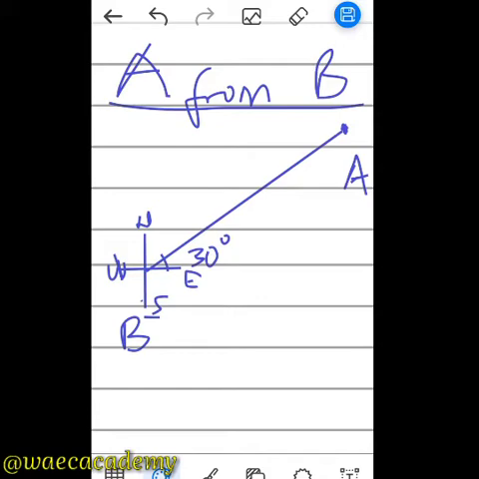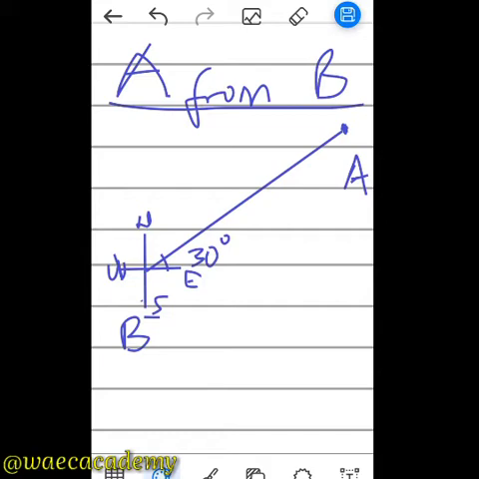And you have to remember that if A is close to north, that is, if it is closer to north than it is close to south, you have to measure the bearing as the angle between that place you are going to and north.